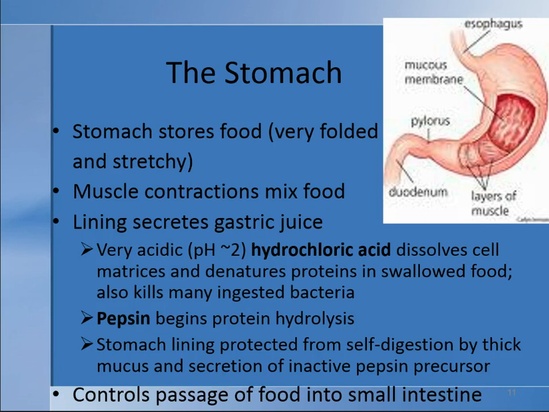And it also is the second phase of killing harmful or opportunistic bacteria, because the acid dissolves all cell membranes, and so that's going to affect bacteria too. Now, the hydrochloric acid denatures proteins, which allows them to be broken down into their amino acids by the enzyme pepsin, which is located in the gastric juice as well.